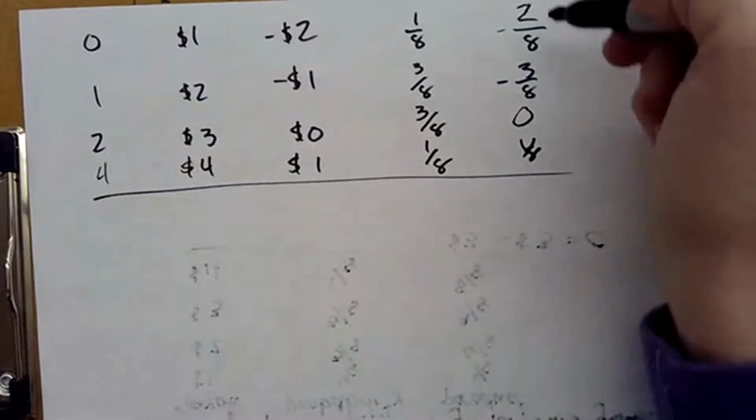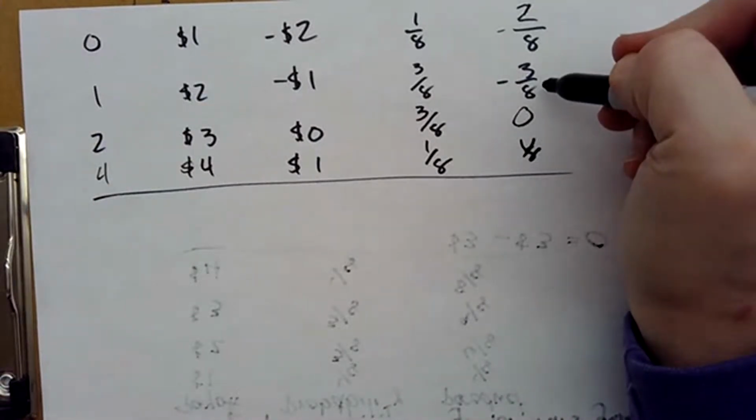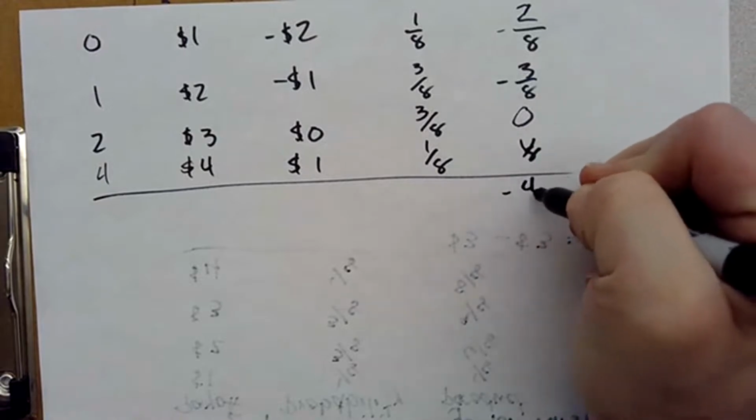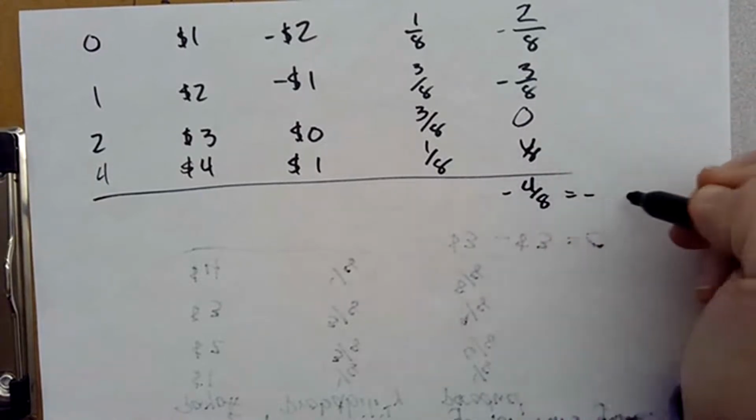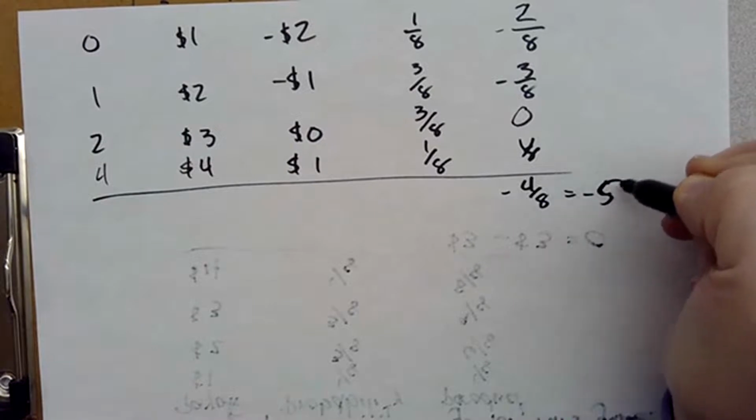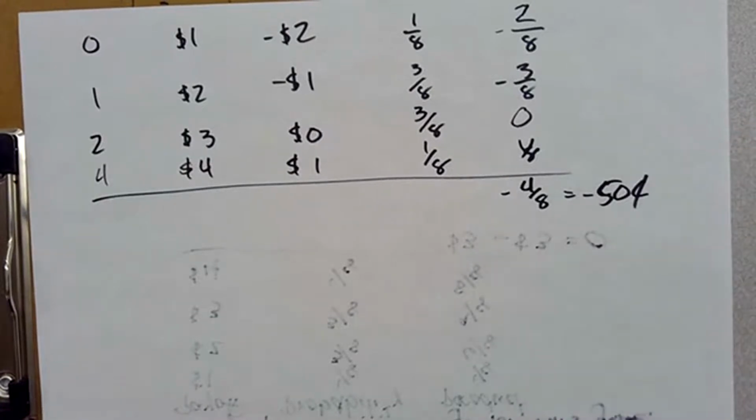We add those up. -2/8 minus 3/8 is -5/8, plus 1/8 is -4/8, or -50 cents. So that is our actual expected net winnings. Sorry about the confusion there. Moving on.